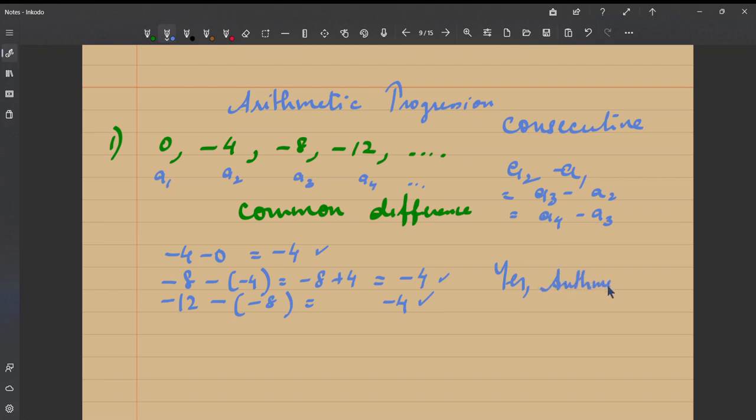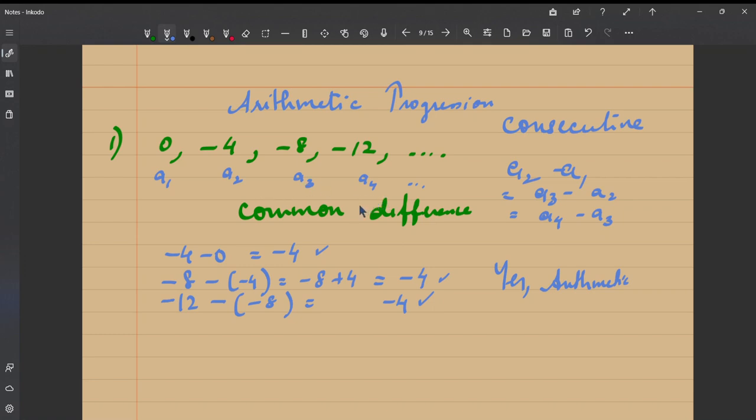Okay, but let's remember that even if one of these differences is not equal, suppose the first difference was -4 and the second difference was -5 or 6 or whatever, we can immediately conclude that it's not an arithmetic progression. But in order to say that it's an AP, we'll have to check every consecutive term, the difference has to be the same.